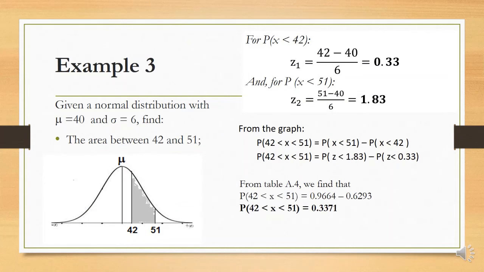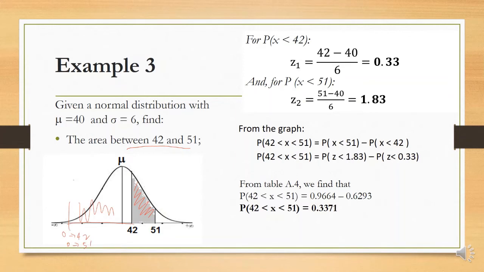Okay, so for the cases wherein meron tayong between, halimbawa to, between 42 and 51, so the area that we are looking for is the shaded part. Okay, so remember, ang mga readings ng ating table starts from here, no? From the left. So, ang reading na meron lang tayo is from 0 to 42, yung dito, at yung 0 to 51.